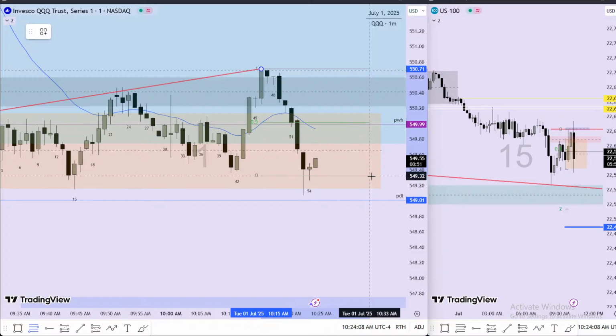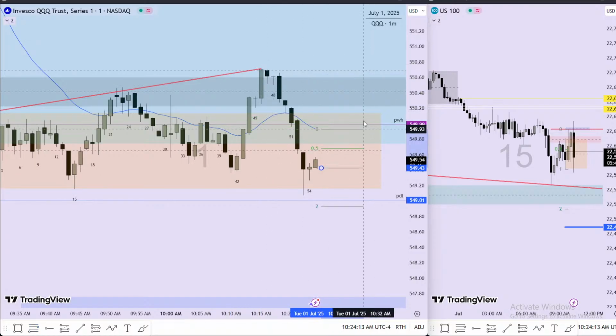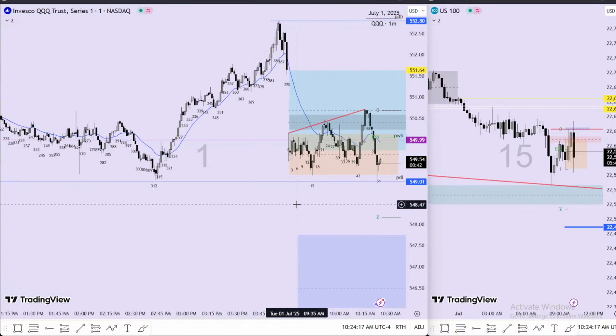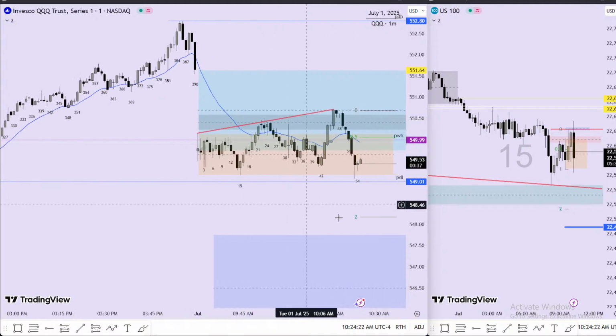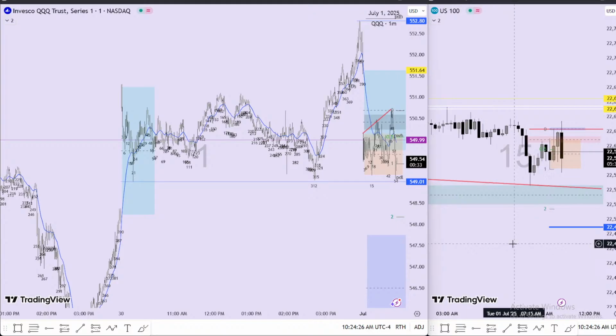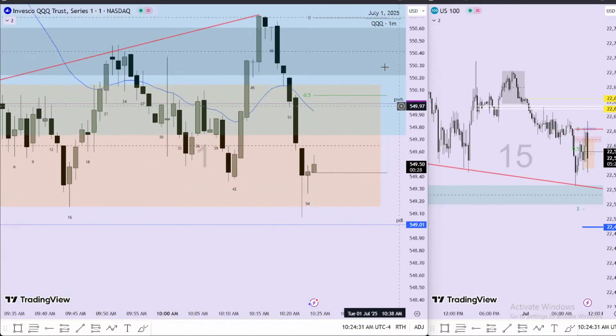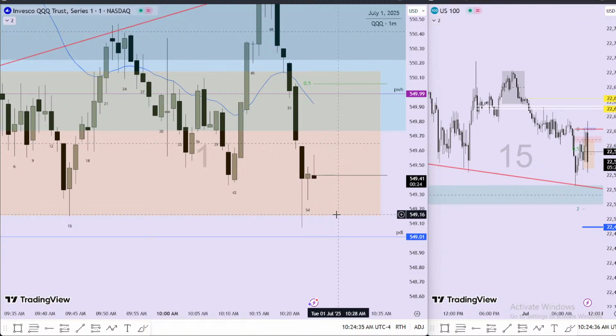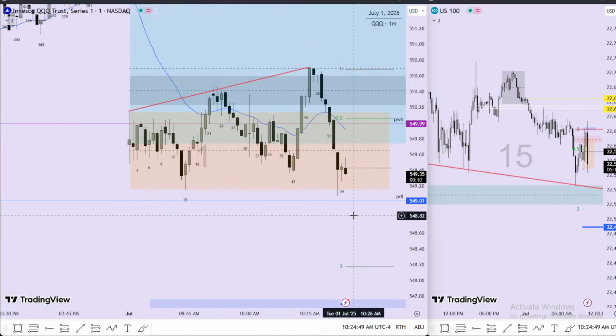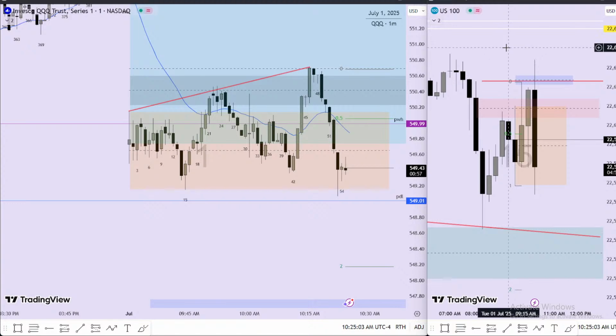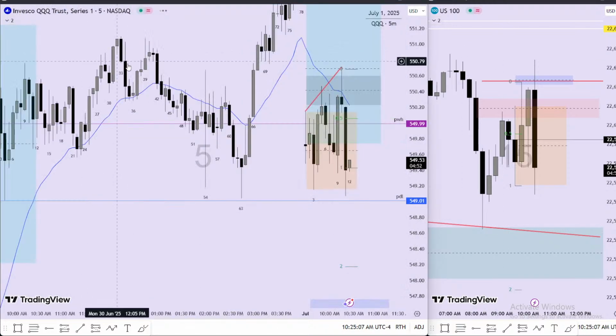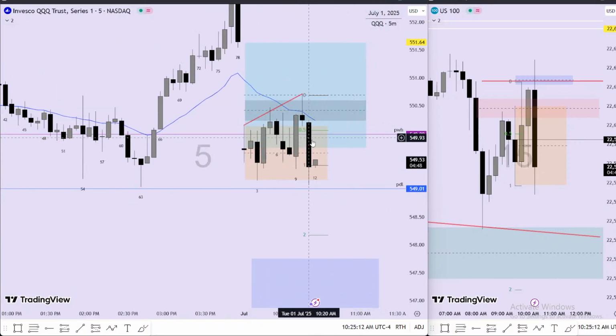Can we expect some sort of second leg? This is a strong closing for the Bears.